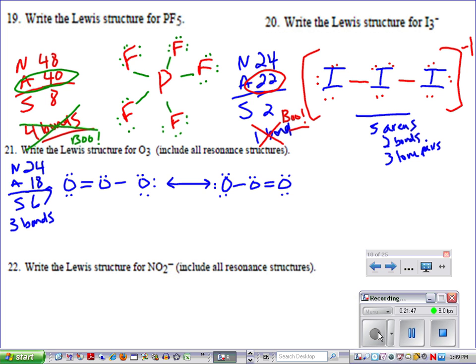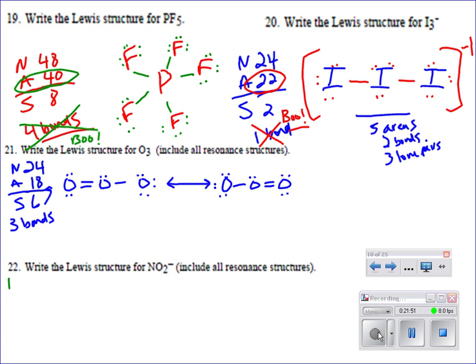Here we're going to write the Lewis structure and all resonance for the nitrite ion. So needed, available, shared. In a perfect world, we need 24. Actually, 5 plus 12 is 17 plus 1, 18. So sharing 6. So that's, again, 3 bonds.